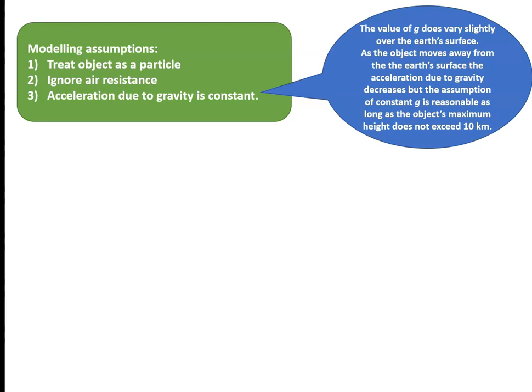The value of g at the poles is not the same as the value of g at the equator. As the object moves away from the Earth's surface, then the acceleration due to gravity decreases. But the assumption of constant g is reasonable as long as the object's maximum height does not exceed 10 kilometers.